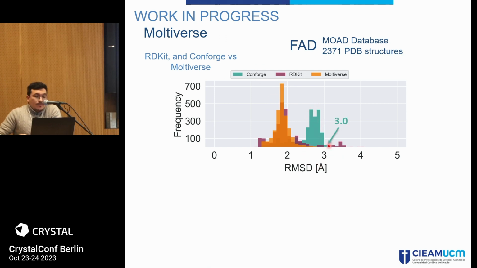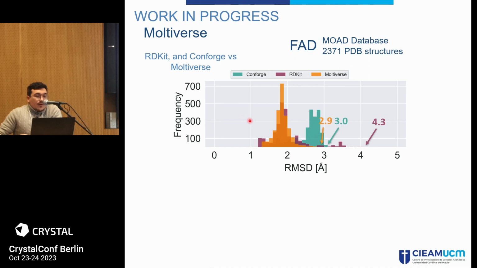And well, often 2 Å RMSD is a cutoff, and under 2 tells you that you predicted the structure with a good accuracy. And so here you can see ConForge, and the extreme value was 3 angstroms, a little far away from 2, right?